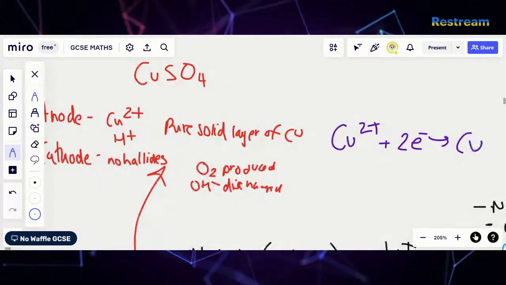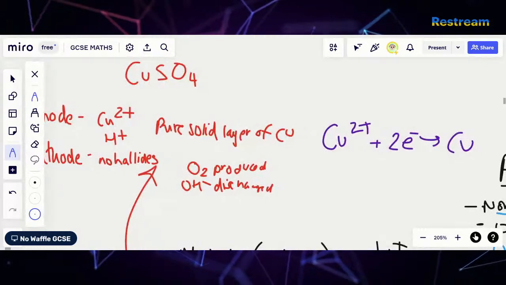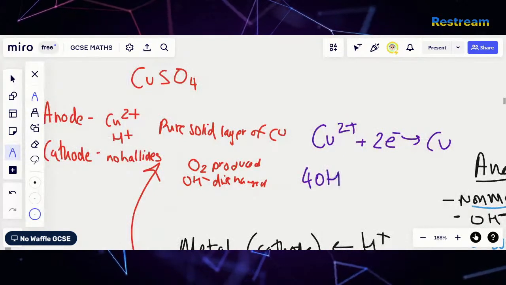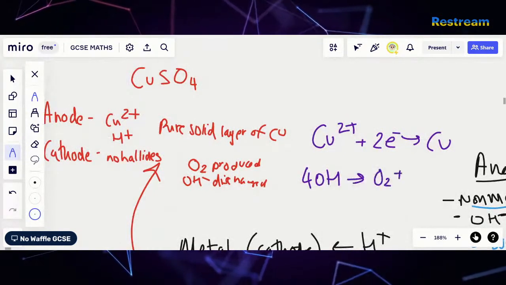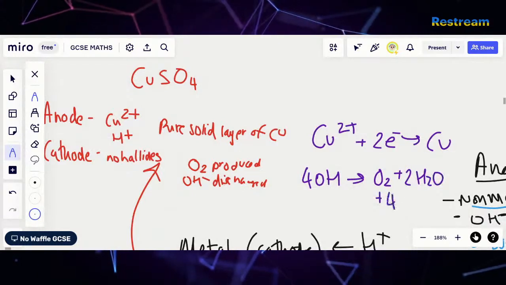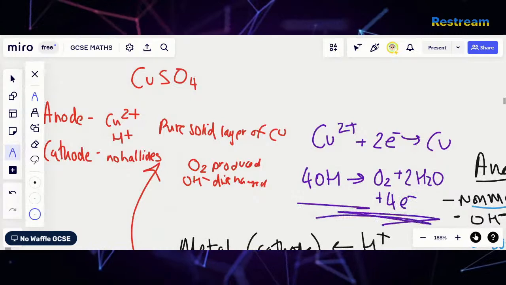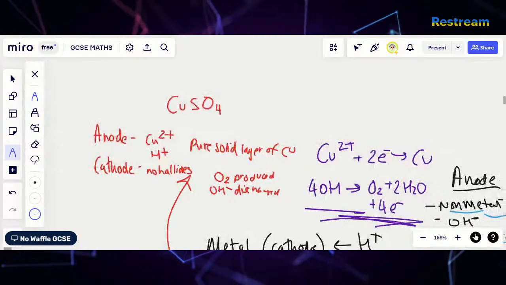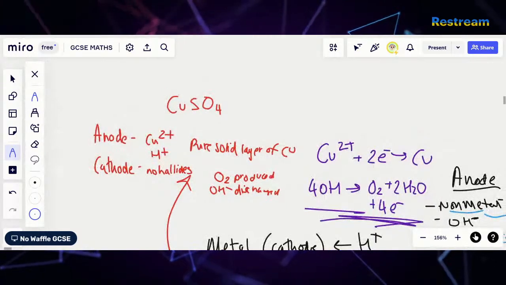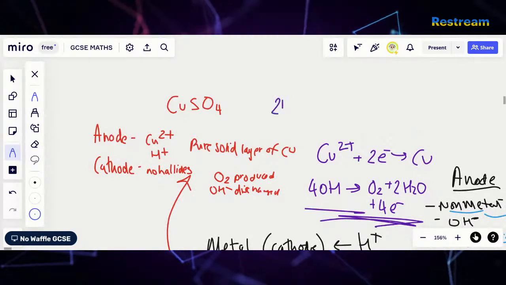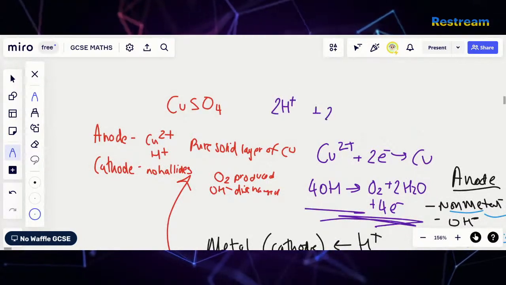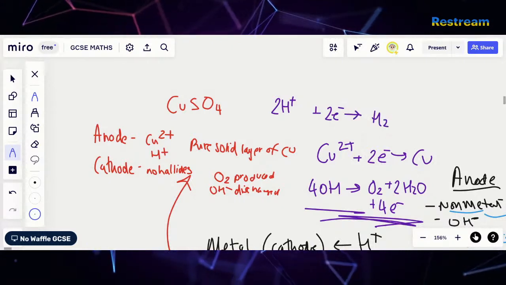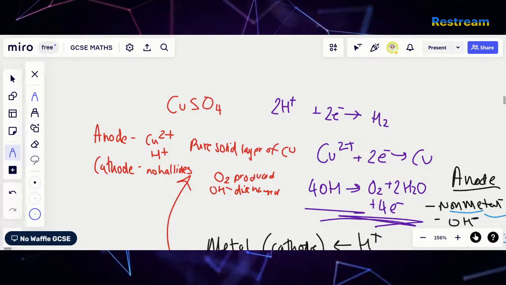And at the anode, because there are no halides, it will be 4OH minus, 4 hydroxide ions, which produces oxygen plus water plus 4e minus. This one is much easier to just learn. And if the metal was more reactive than hydrogen, then you will see 2H plus plus 2e minus creates hydrogen. So we'll see hydrogen being produced and we'll see oxygen being produced. And that is it for chemistry.